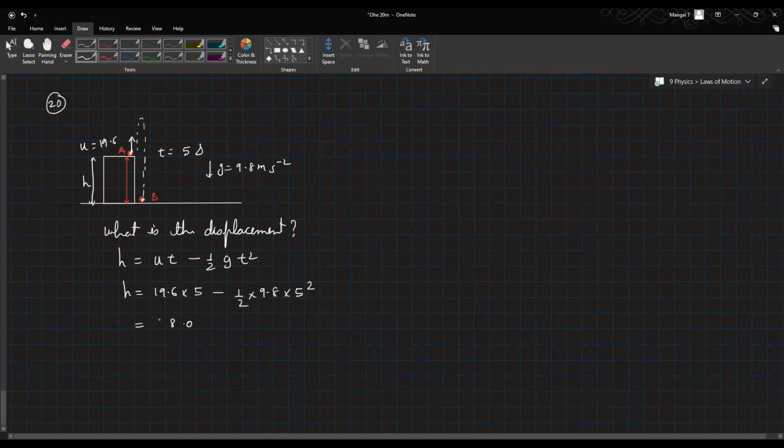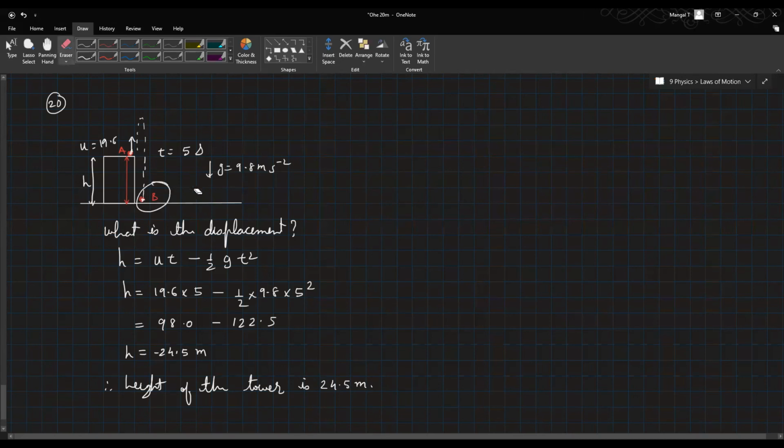So this will be 98 minus 122.5, and therefore this will give us 24.5 meters negative. So we can say that the height of the tower is 24.5 meters.